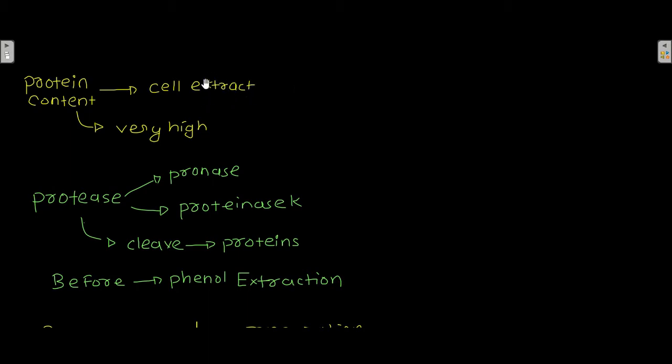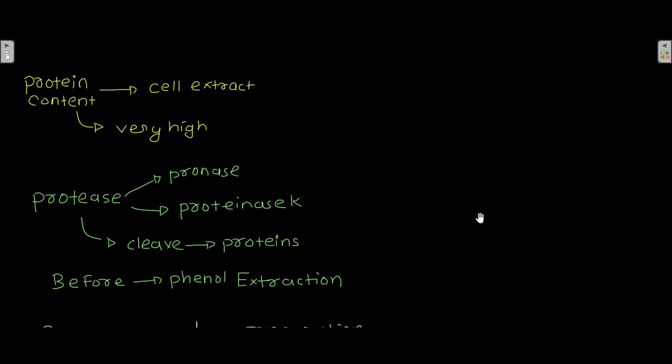But if the protein content is very high, then before phenol extraction you apply a protease enzyme such as pronase or proteinase K so that the proteins are cleaved.